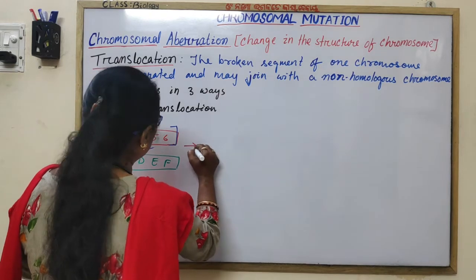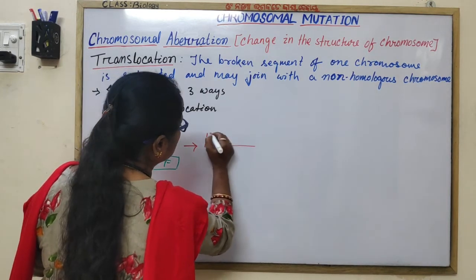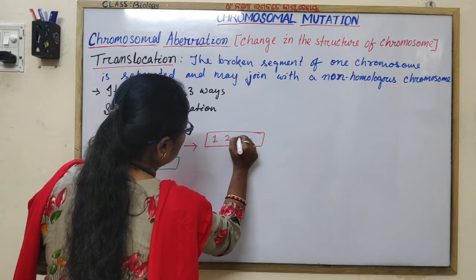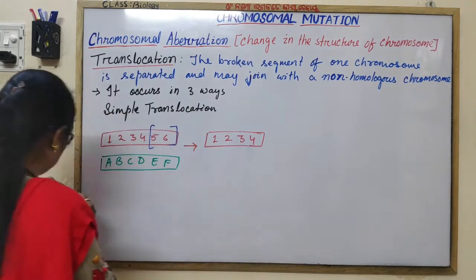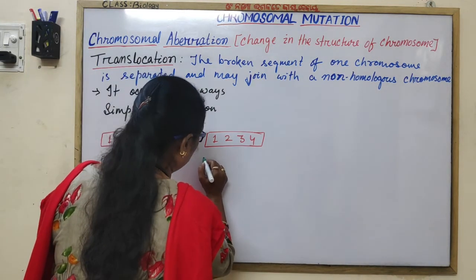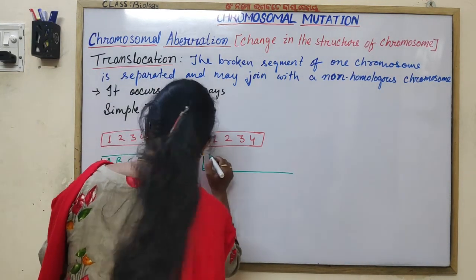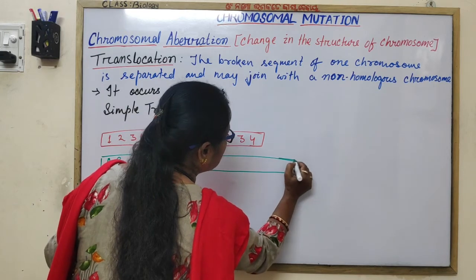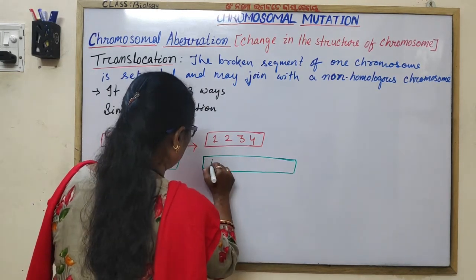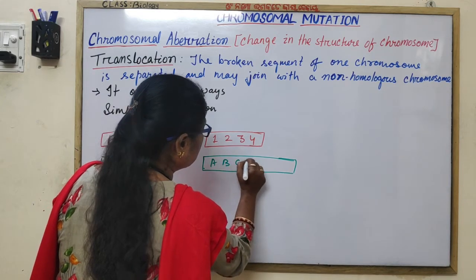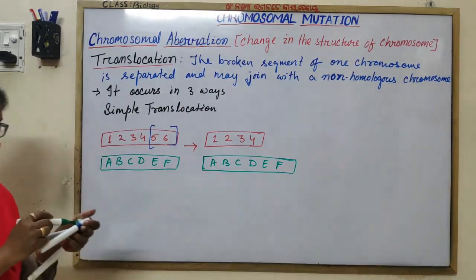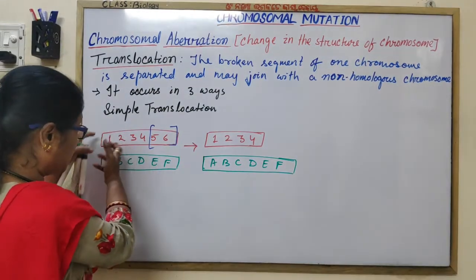Then what happens? 1, 2, 3, 4 remains, and the broken part is attached to A, B, C, D, E, F. It is attached to a non-homologous chromosome.